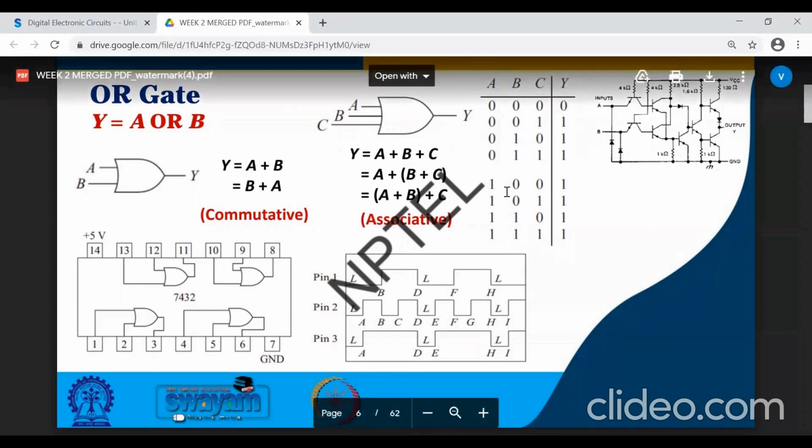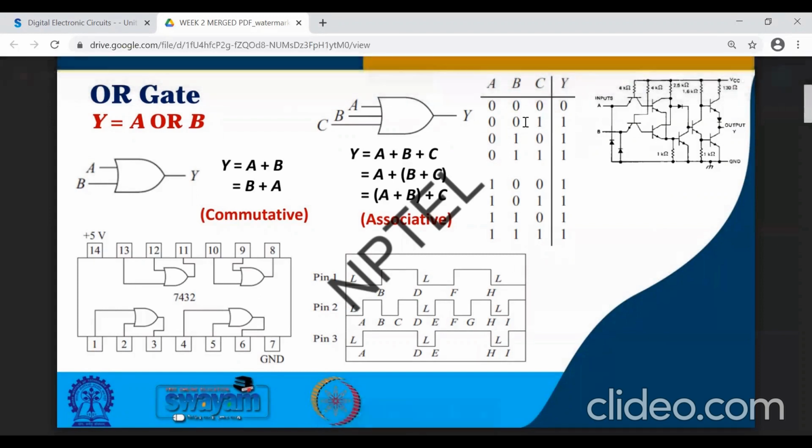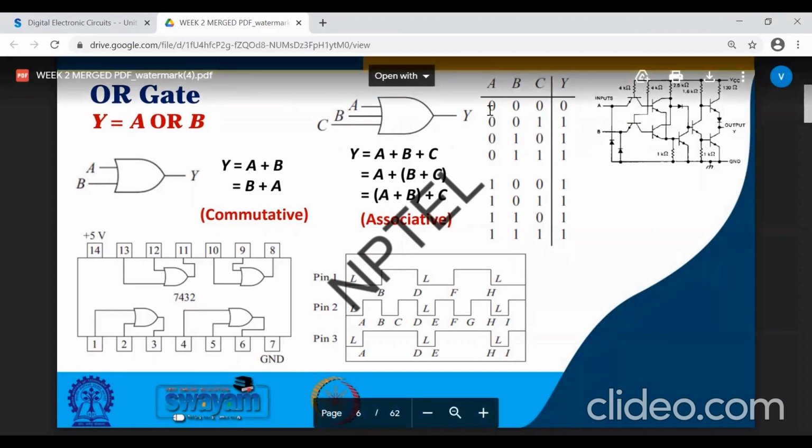From this truth table, we can say when all the inputs present at the OR gate are at logic level low, in that case, output produced by the OR gate is at logic level low, that is 0.